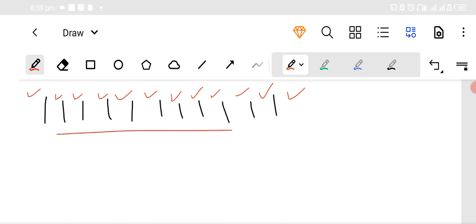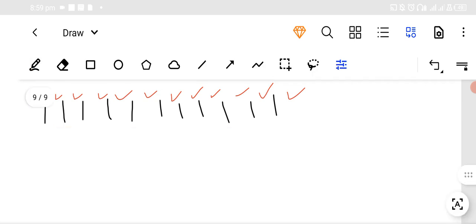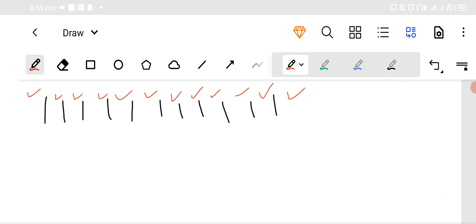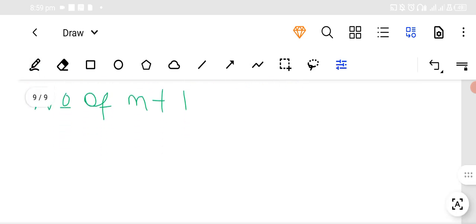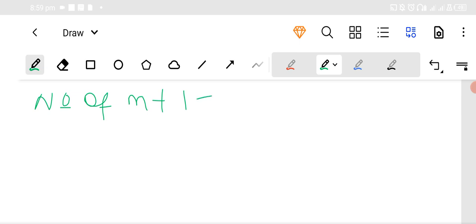The way we would do this is that if you want to know the number of spaces without going through all that trouble, you simply say the number of men plus 1. That's all. So the number of men is 11 plus 1 equal to 12.